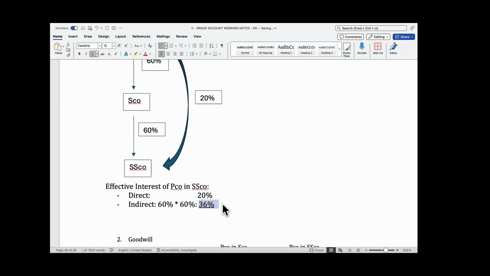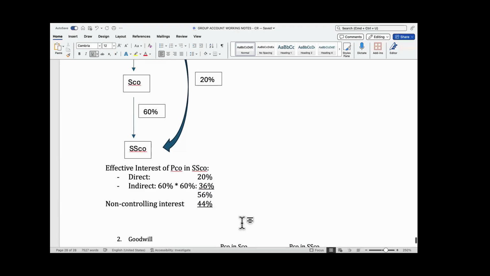So together, the parent has 56% in SSCO, so the balance, non-controlling interest, is 44%, then the addition gives you 100%. So Chineye, you're wrong. It's actually 44%.